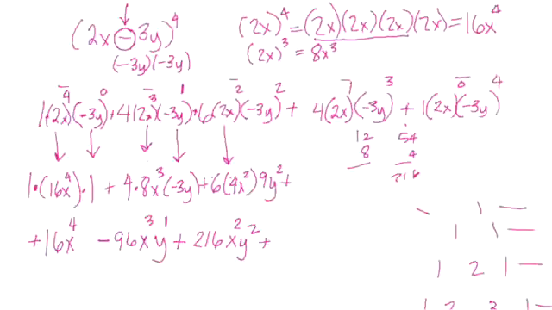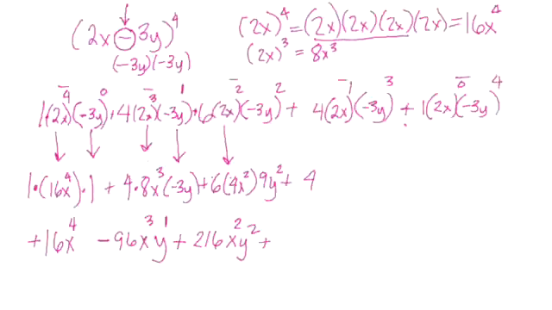Okay, so then I'm going to put this plus right here and right here. And I'm going to drop the 4 down. Let me get rid of all this junk right here. Okay, so I'm going to put the 4 down. And this is 2x to the 1 power. That's not 7. That was 4, 3, 2, 1. Okay, so this is 2x to the 1 power. Negative 3y to the third.